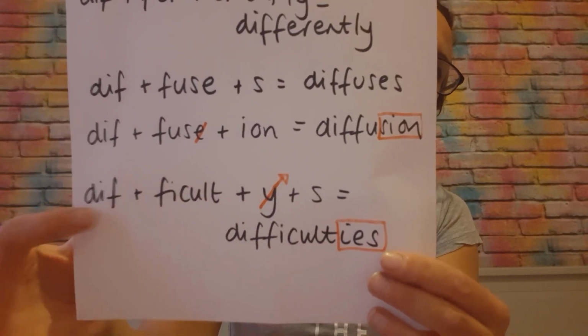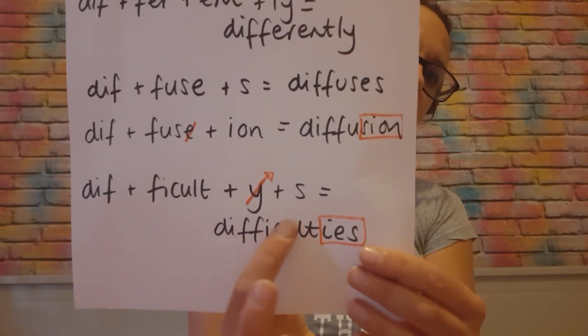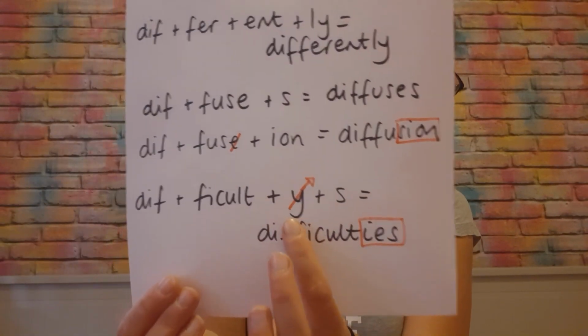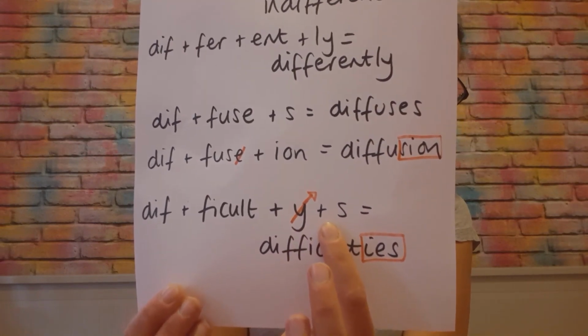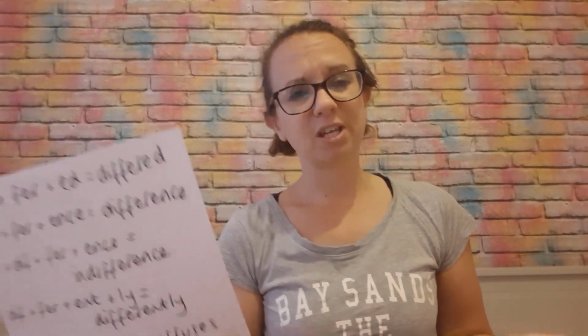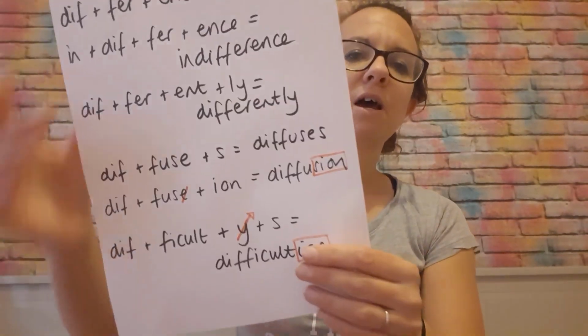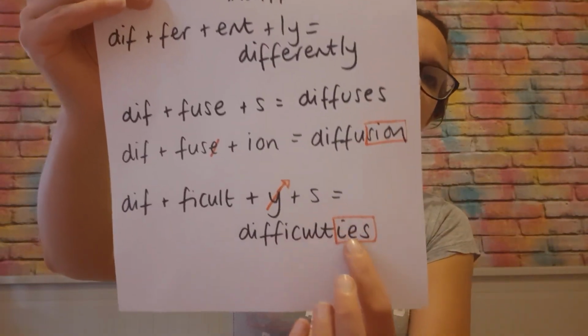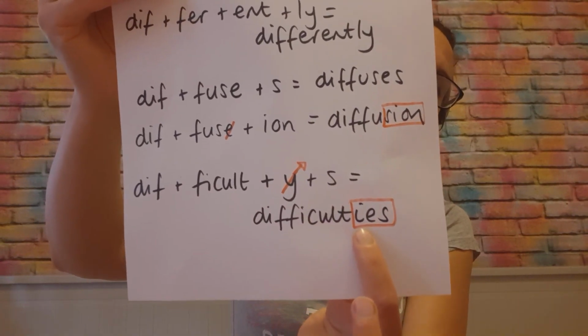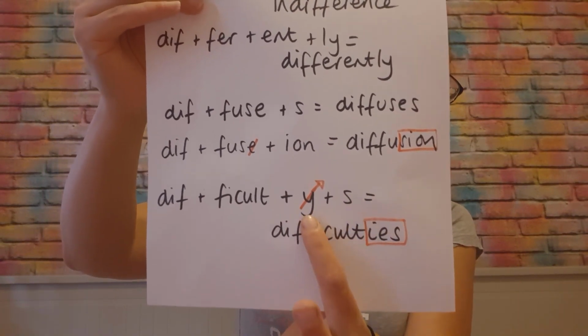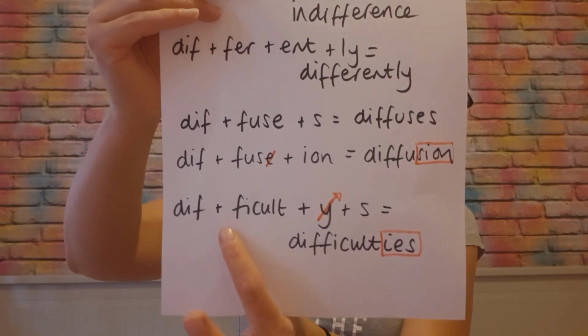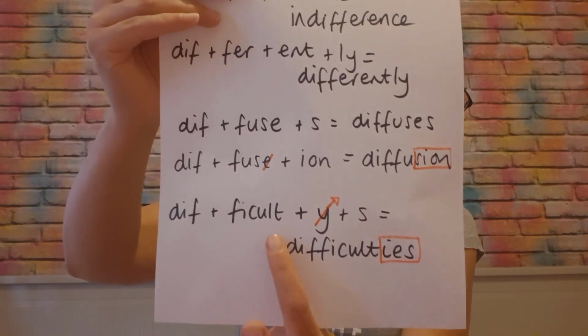So we've got diffusion, and then down here I've put difficulties. So we did have difficulty with a Y, and when we have difficulties, that's when it becomes a noun. You say, I'm having a few difficulties with this, as in an actual thing. We change that Y to an IES when we get the plural. So remember, we don't have YS, it changes to IES. Difficulties, not easy.